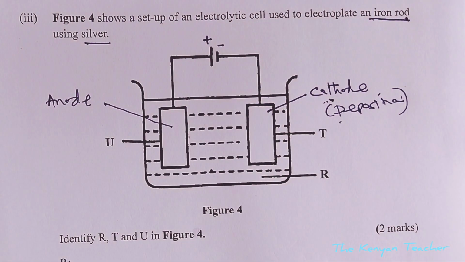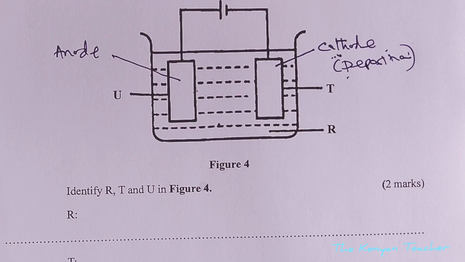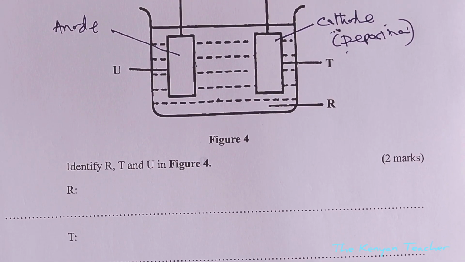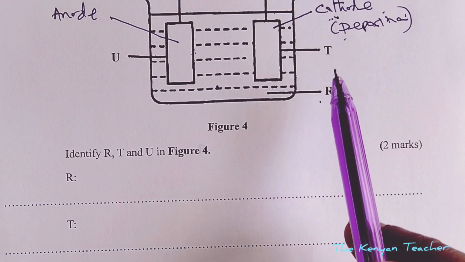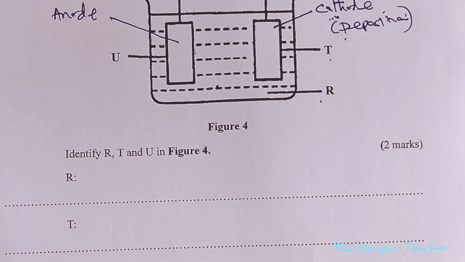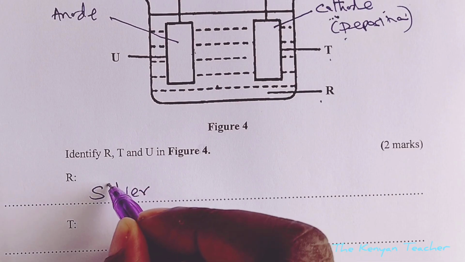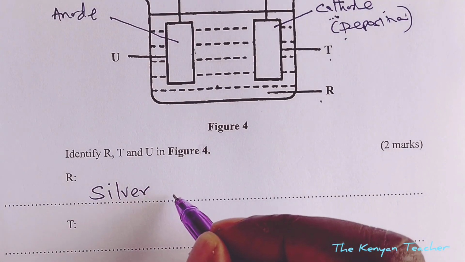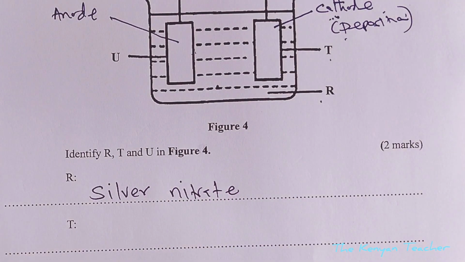So the examiner finally asked us to identify R, the electrolyte, T, the cathode, and U, our anode. As we have rightfully discussed, R becomes our electrolyte that has silver ions. We can go for any silver salt that is soluble.